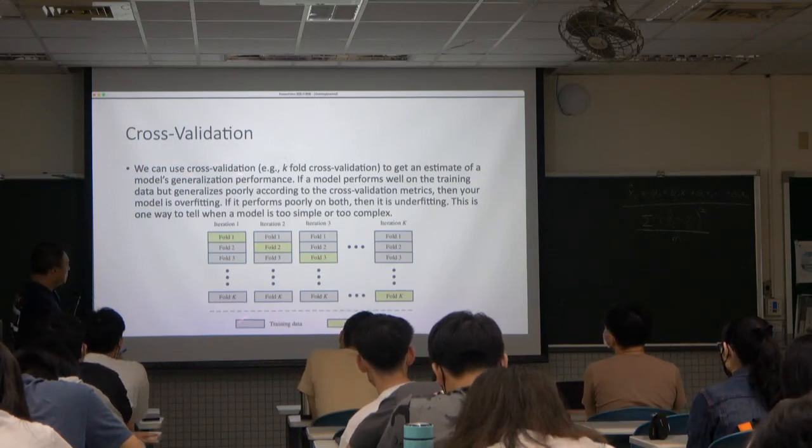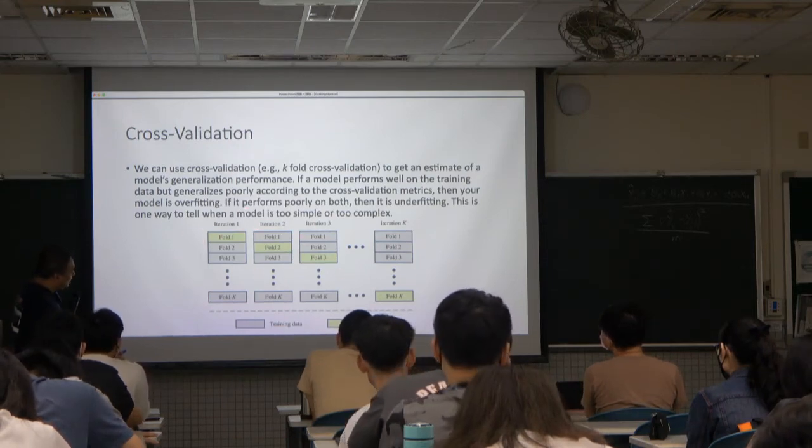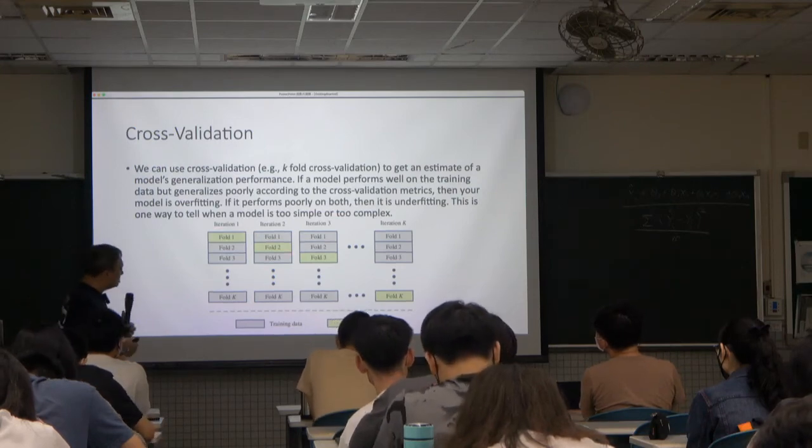Basically, if you have a data set, you can break it into k sets, use each set to train your model, and then look at the average performance of the model.